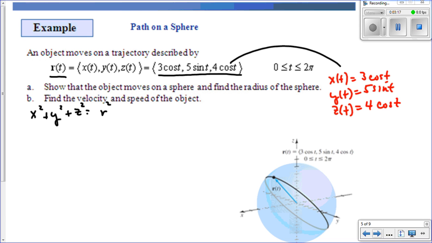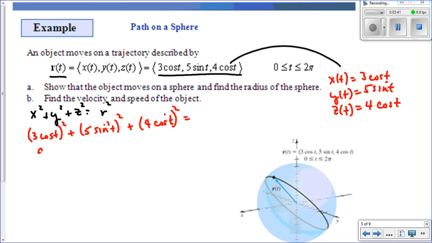So we'll have the x value, 3 cosine of t squared, plus the y value, plus the z value, and that should come out to be a constant if we're actually on a sphere.